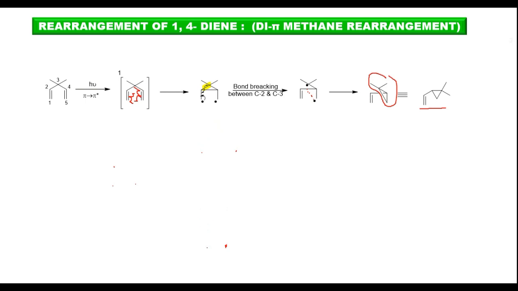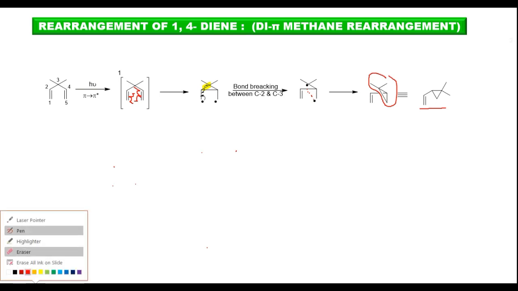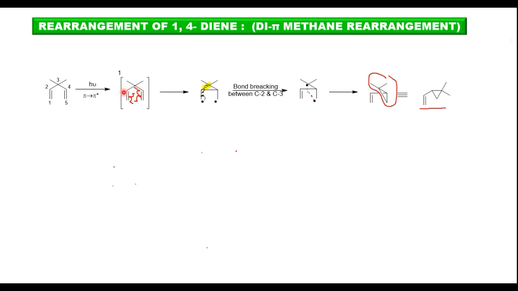The simple reaction, friends, you can observe: a 1,4-diene is there. This 1,4-diene on photochemical irradiation is going to form the singlet excited state. After that, homolytic cleavage of these pi bonds, radicals are formed at this position, and the formed radicals are going to make a bond.